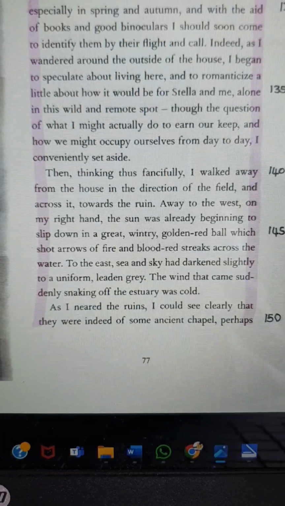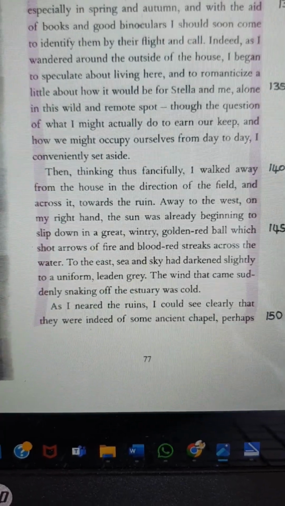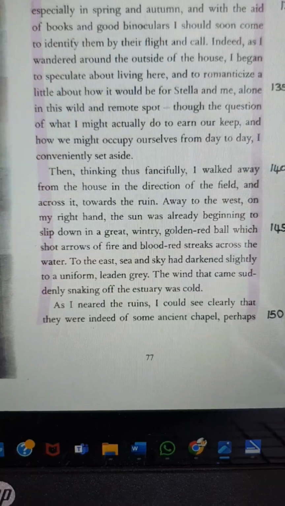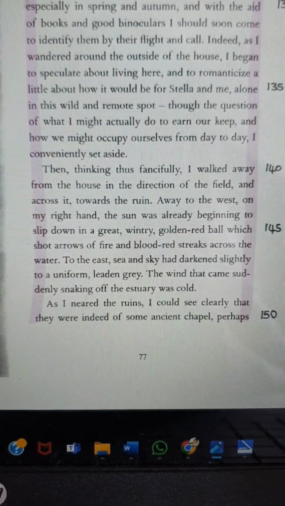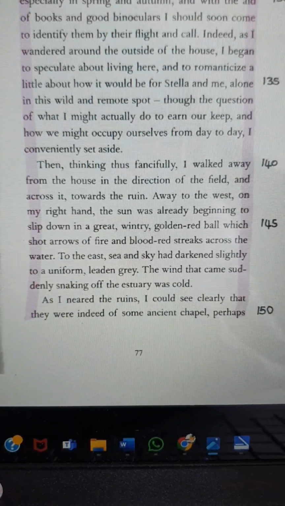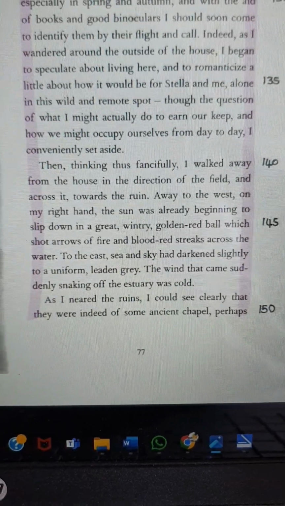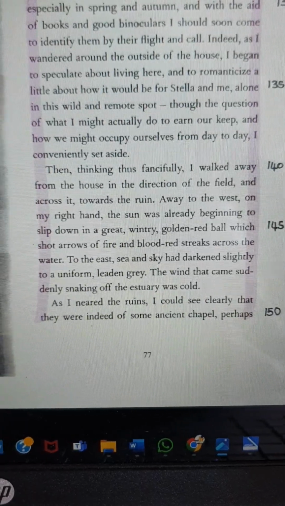Another thing you could do is to talk about how the wind comes suddenly. It suddenly snakes off the estuary. So this is quite unnerving because you can't predict what the wind is going to do. All right, let's go over to look at a worked answer, and I'll see you there.